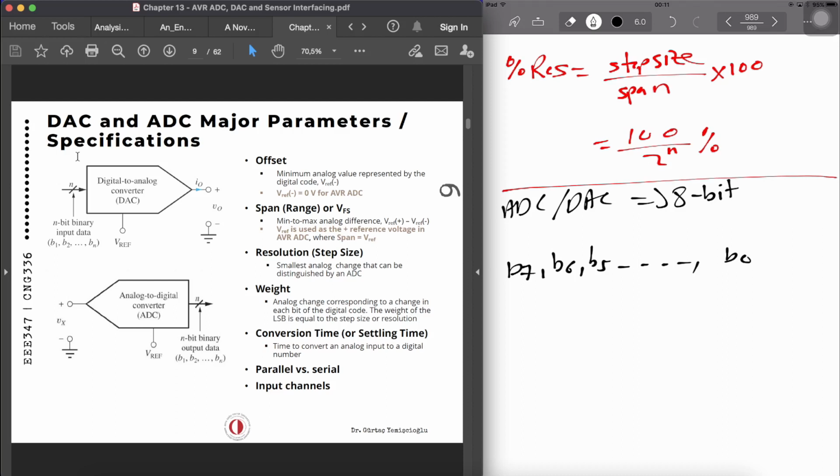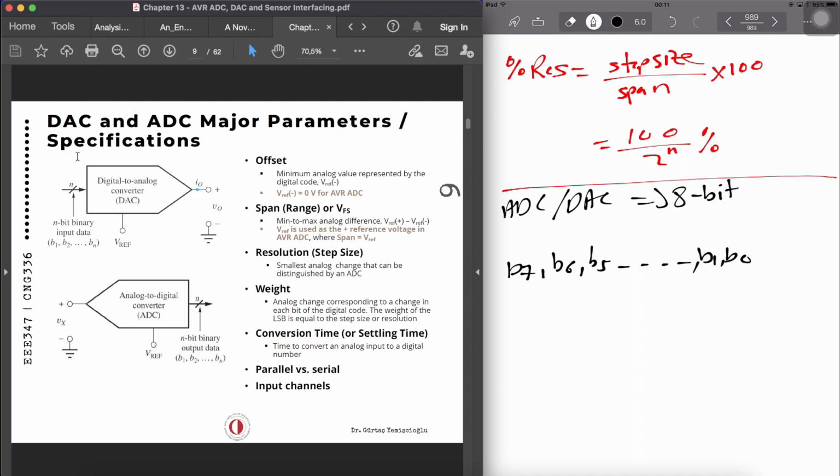Now, each of these bits has a different weight in terms of the conversion to the analog parameter, and it sets the resolution or the accuracy by the least significant bit change. So whatever analog change corresponds to the least significant change is the resolution. But then, for example, B1. So we have B1 as well. Now, what will happen here?